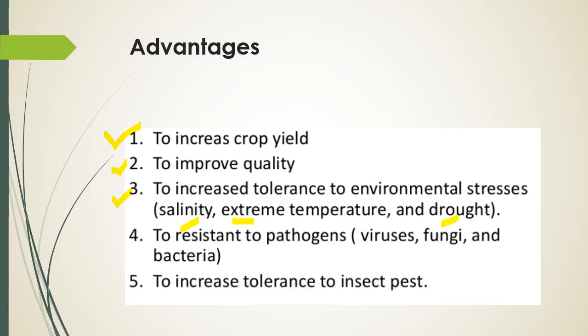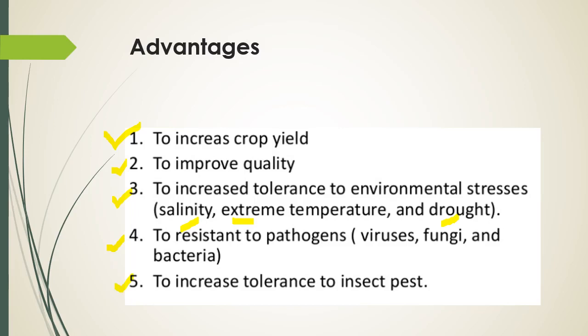Drought means the lack of water, and salinity means sometimes the salt content in the soil increases, which leads to the destruction of the plant. So we have to take care of these things, and to resist pathogens, especially attack by viruses, fungi, and bacteria. Then, last but not least, to increase the tolerance to insect pests. If you have an insect pest, you have to increase the plant's tolerance level. So these are the advantages.